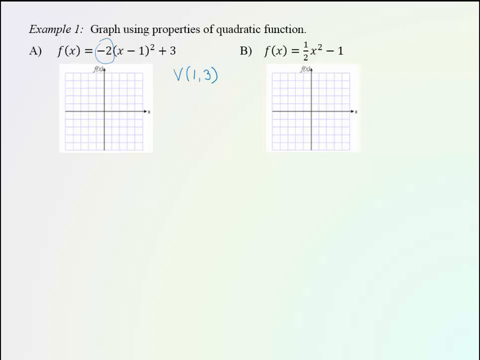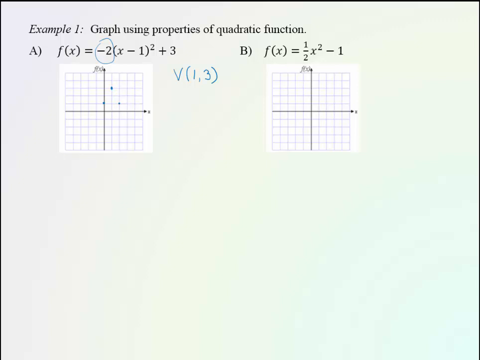So we can plot the vertex at (1, 3) over here, and then go by the steepness, which is -2. That means that our shape should be positioned downwards, and if we go one step across, the value will drop 2 steps. So this point and also to the other side 2 steps.